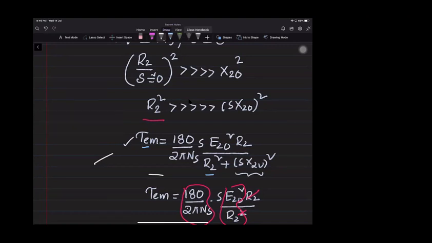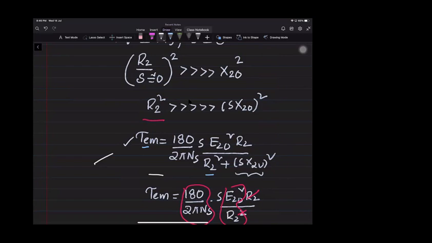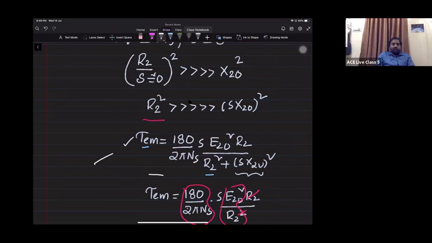In a cage rotor, we don't have any windings; the bars are short circuited. It is not a question of delta or star. There is no question of star or delta in a squirrel cage; it is only in the case of slip ring.